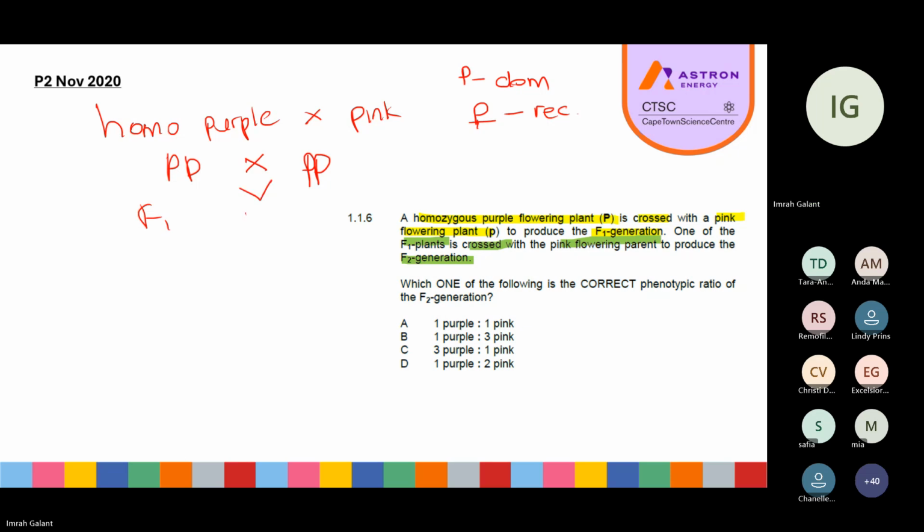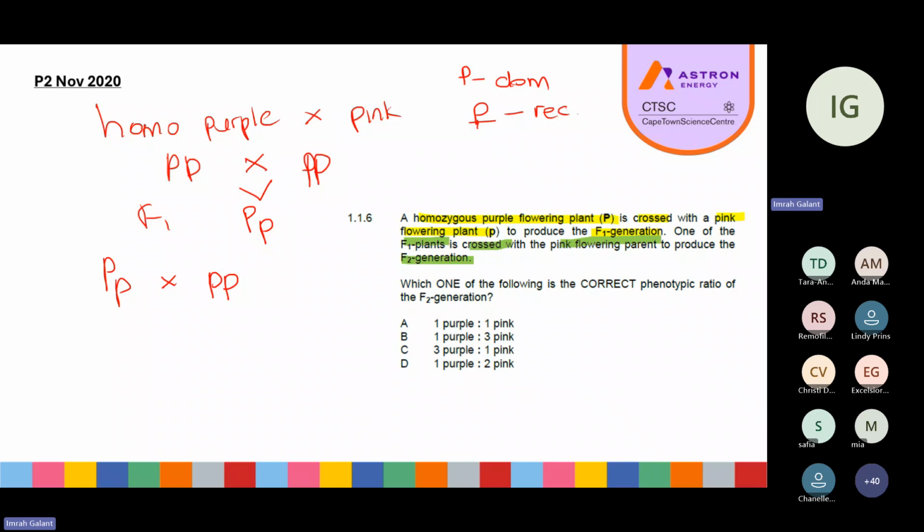If we cross these two plants, in the F1 generation we are going to have a heterozygous purple plant. In the second part of the question, the F1 plant is crossed with a pink plant to produce the F2 generation. So we take the heterozygous F1 plant and cross it with a pink plant.